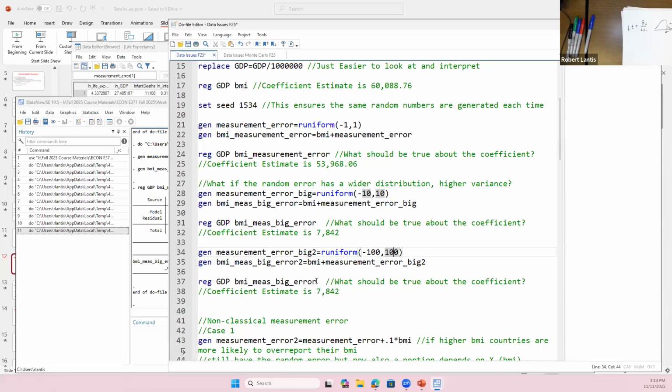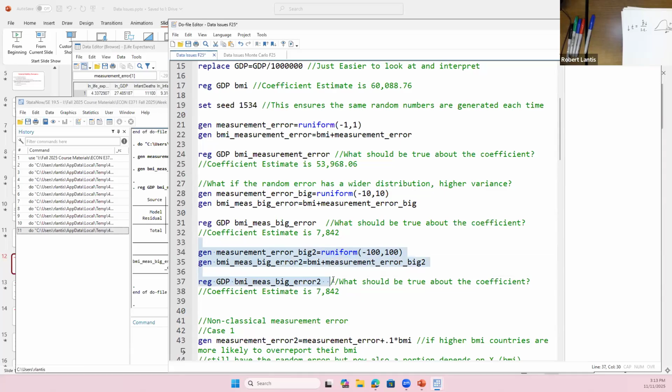Well, now when I rerun this regression, with my even larger measurement error, my coefficient should be even closer to 0. The larger that variance on my measurement error, the closer that attenuation bias is going to get me to 0.